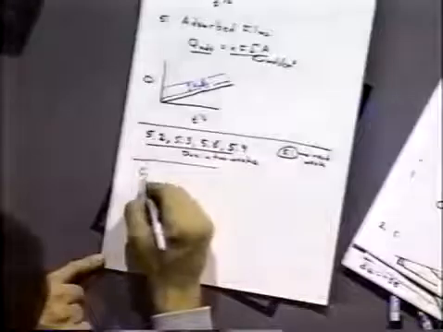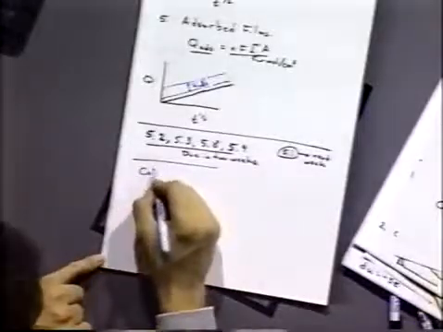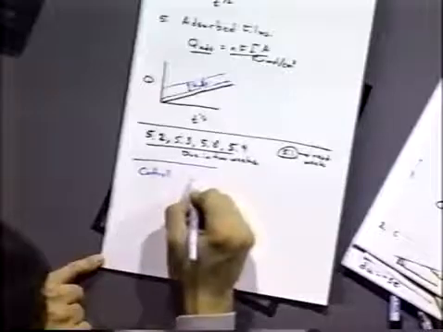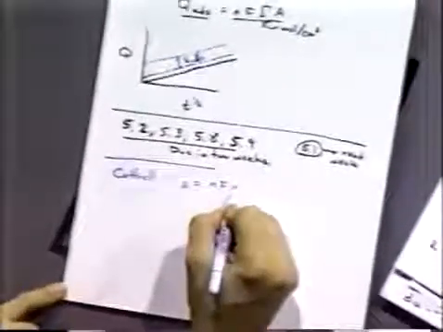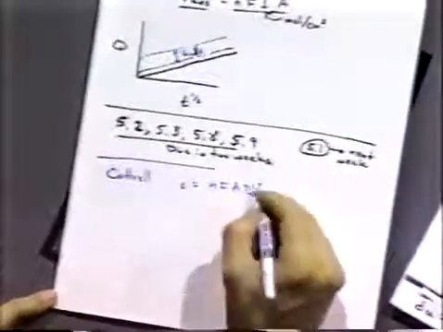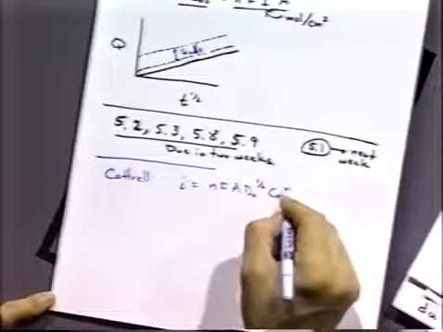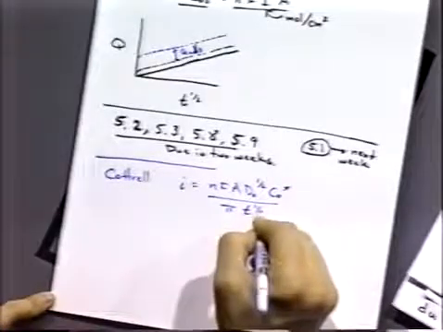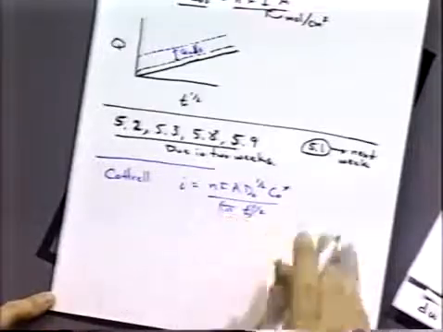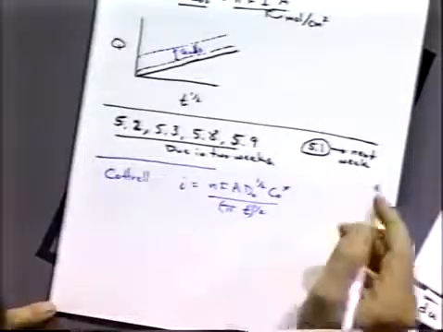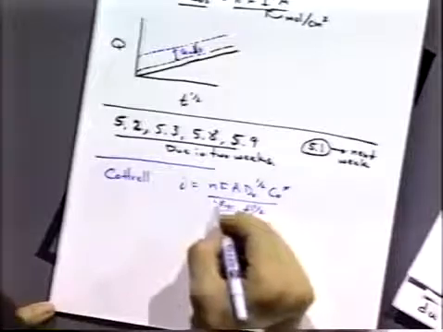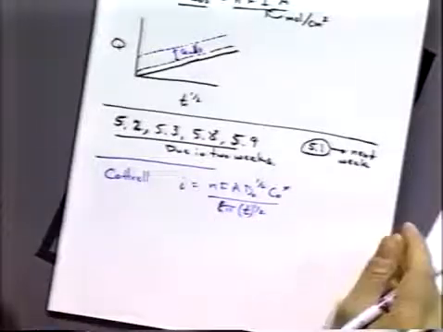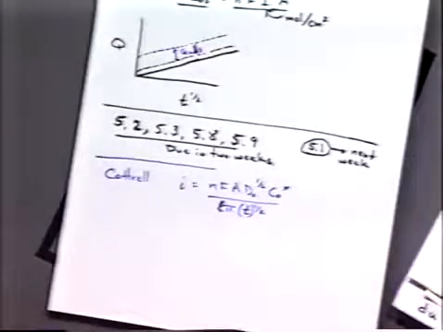So let's look at our Cottrell equation again. Oh, it's a pi. Okay.